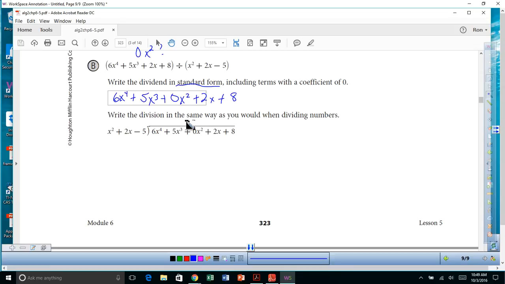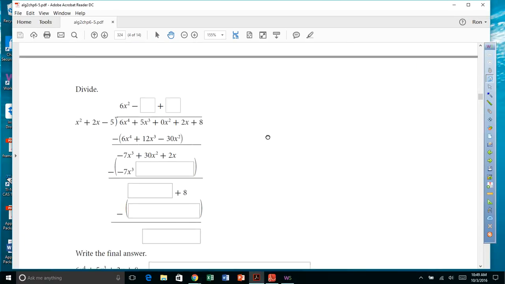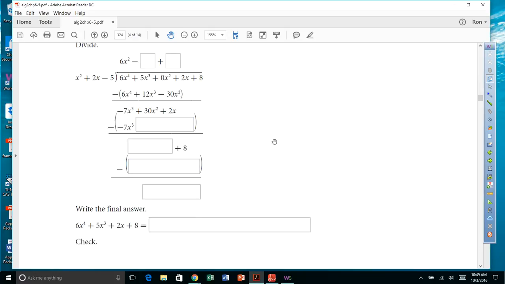Write the division in the same way as you would dividing numbers. So you have x squared plus 2x minus 5, and you're dividing that into 6x to the 4th plus 5x cubed plus 0x squared plus 2x plus 8. Now, they've done a bunch of stuff here, and I'm not sure you can follow along.